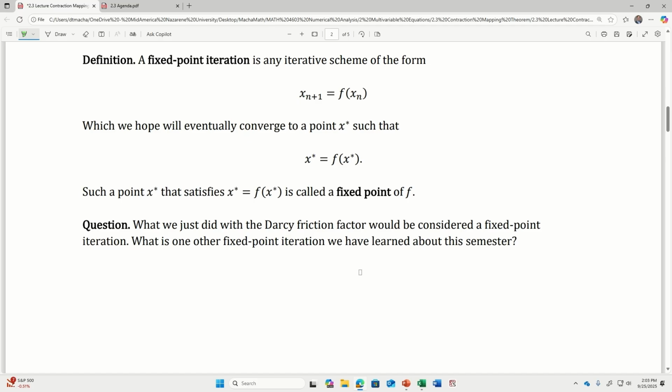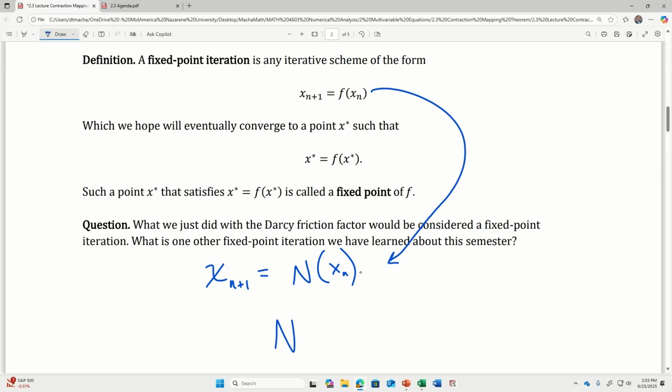Newton's method. Yep, so we have learned about Newton's method, and Newton's method is technically a fixed point iteration. In Newton's method, we say something similar to this, which looks just like a fixed point iteration, where this capital N function is called the Newton map.